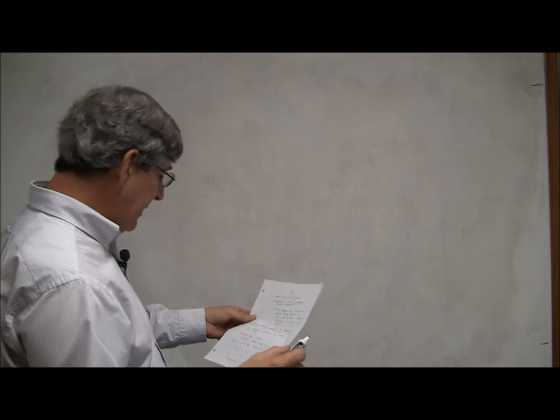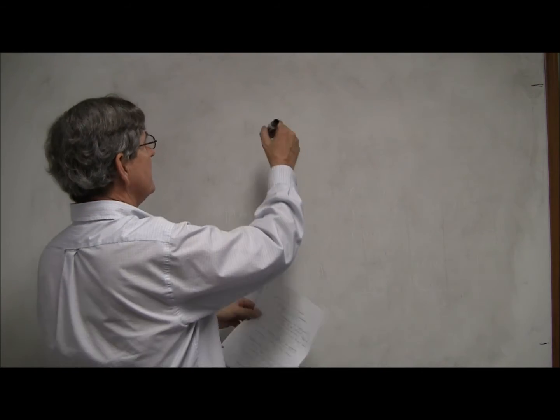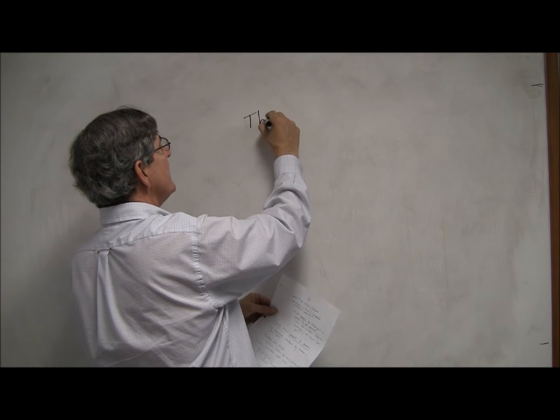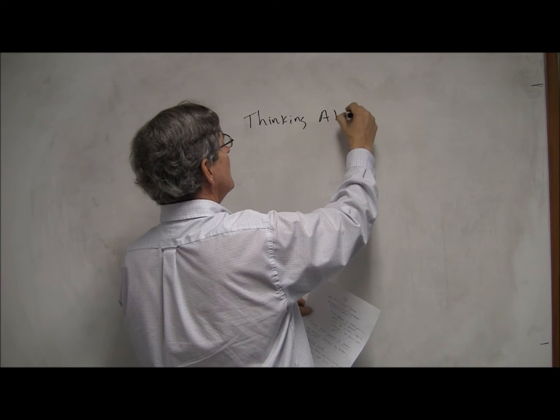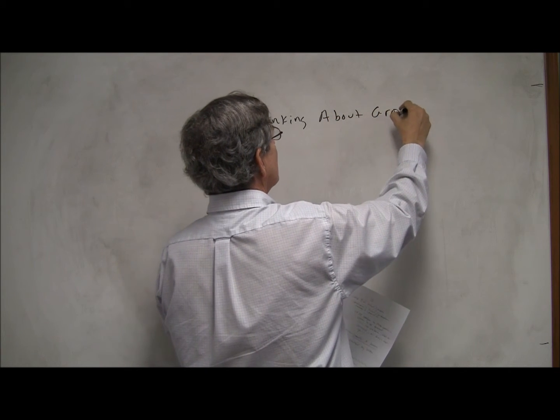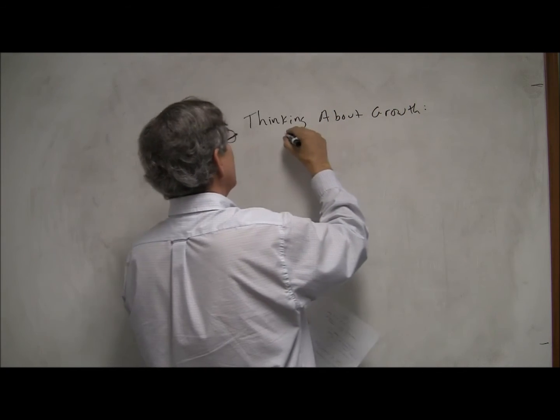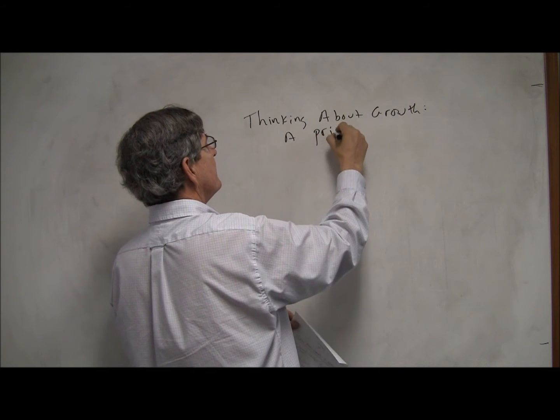Next, it's a several page section here, but it's the last thing. It's really about aggregate production functions. So the title in the book is Thinking About Growth: A Primer, an introduction.